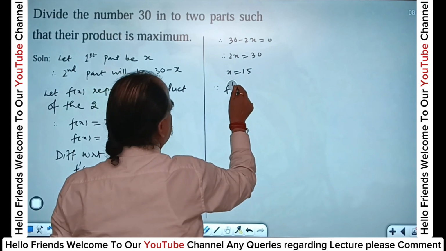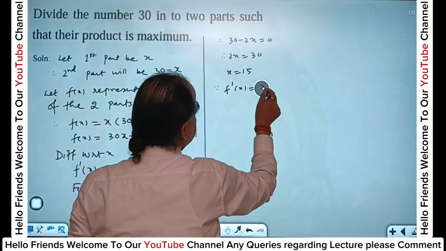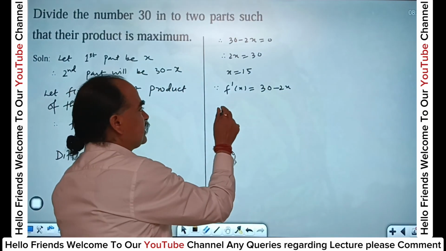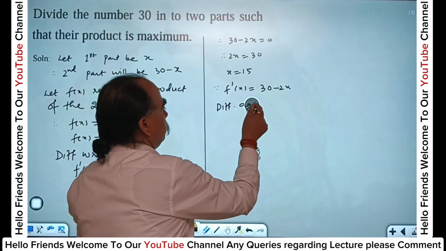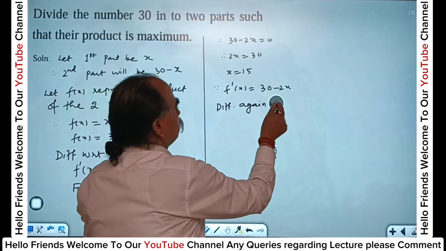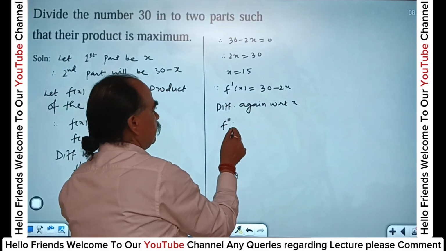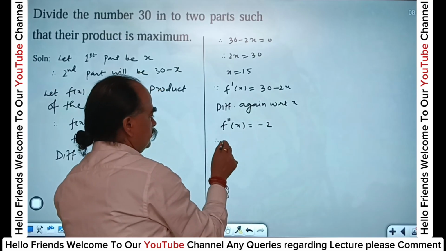Since f dash x is 30 minus 2x, differentiating again with respect to x, f double dash x is minus 2.